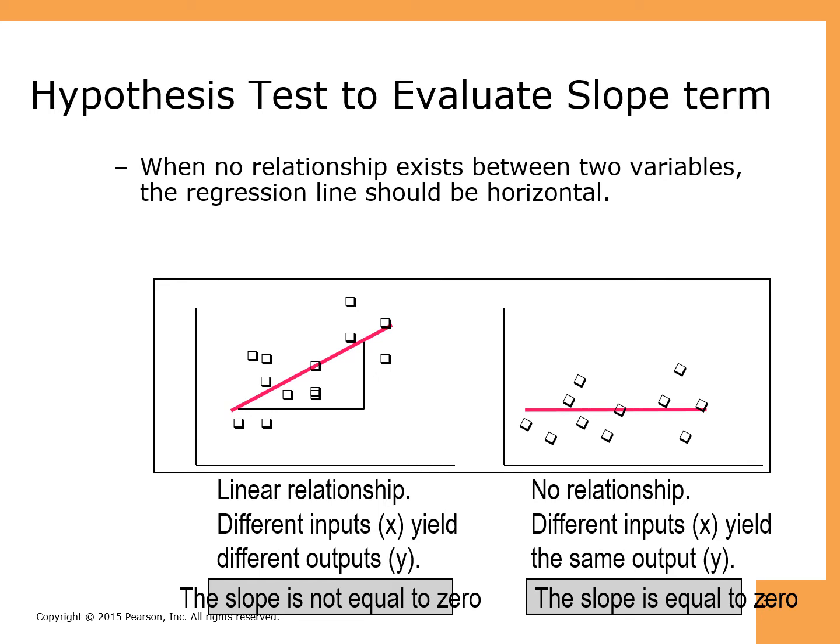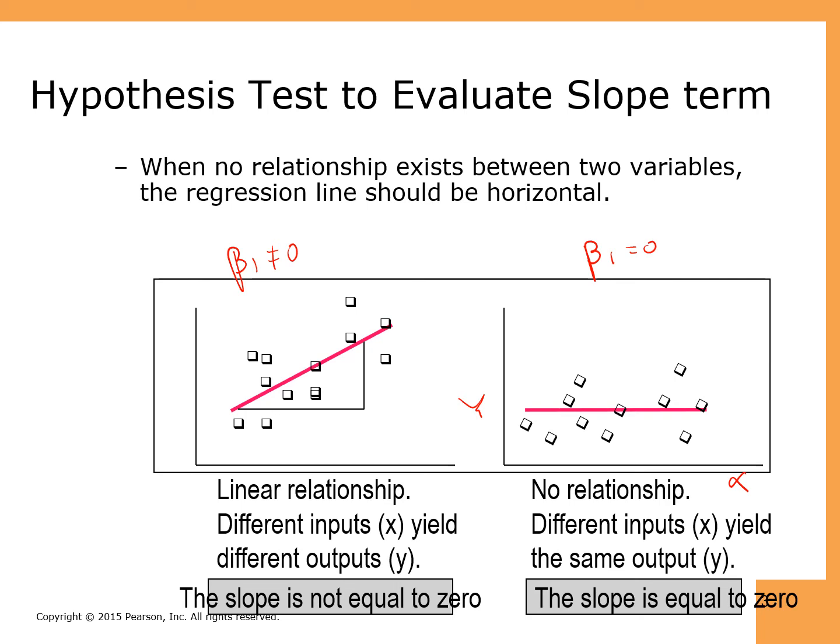So when we're carrying out a hypothesis test to evaluate the slope term, we're basically trying to test whether beta 1 is equal to 0 or beta 1 is not equal to 0. In other words, if beta 1 is equal to 0, that means that the slope is 0. In other words, regardless of the x value, the y value doesn't really change.